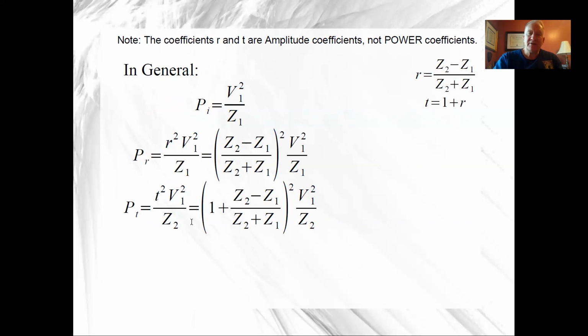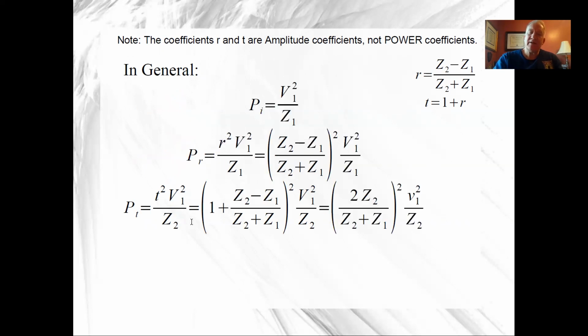If we plug in the values, we'll see that in general, the power reflected plus the power transmitted is equal to the incoming power. So if we take these general cases and plug in R and T, we end up with this, so everything's fine. The reflected power plus the transmitted power is equal to the incident power.